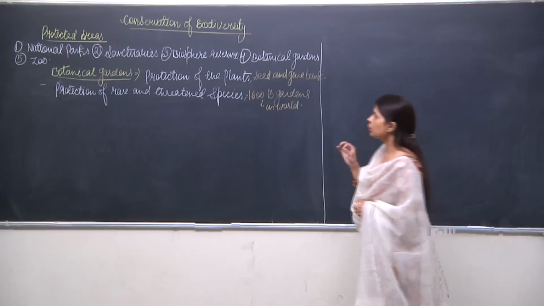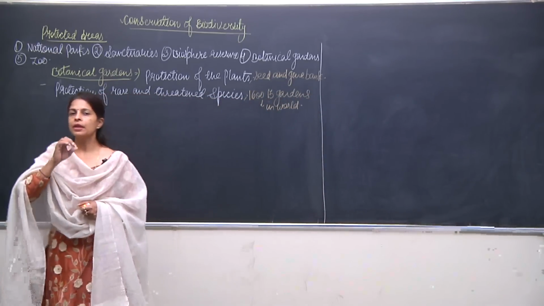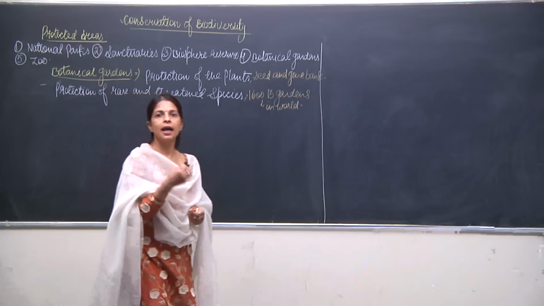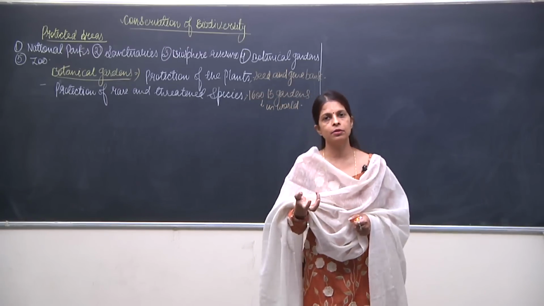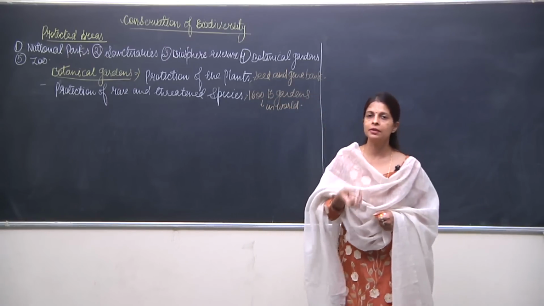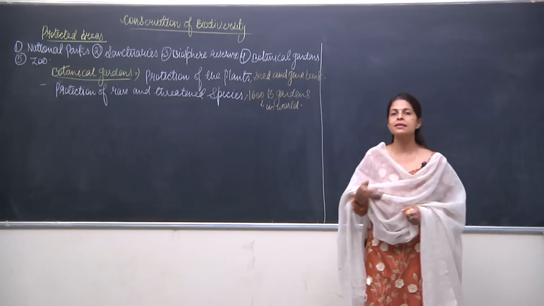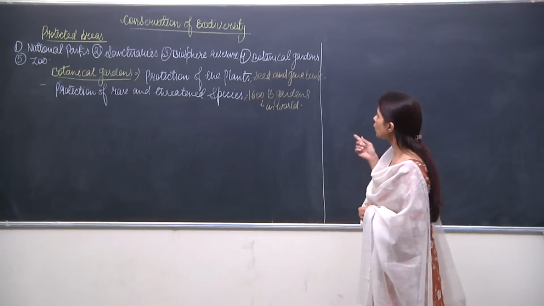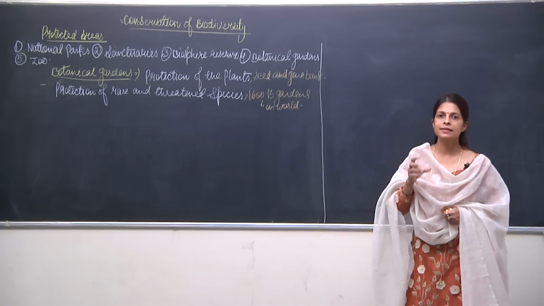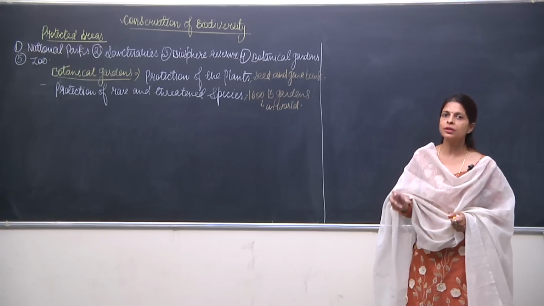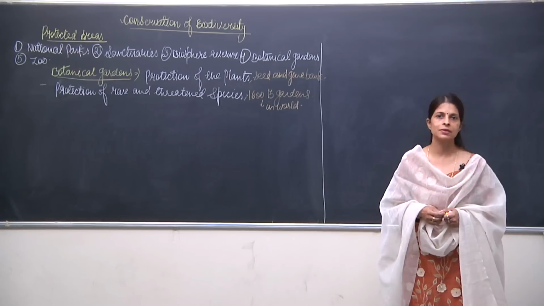So at the botanical gardens, the study is done, the protection is given to the plants, and efforts are made so that the number of certain species can be increased. The main aim is to increase the individuals of the rare and threatened species. Along with that, also to create measures so that these plants can flourish as they used to once.